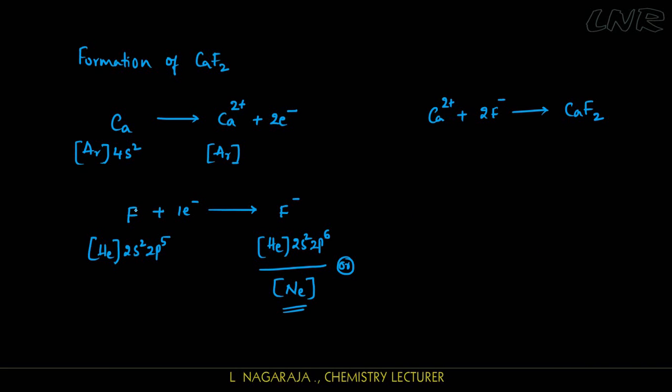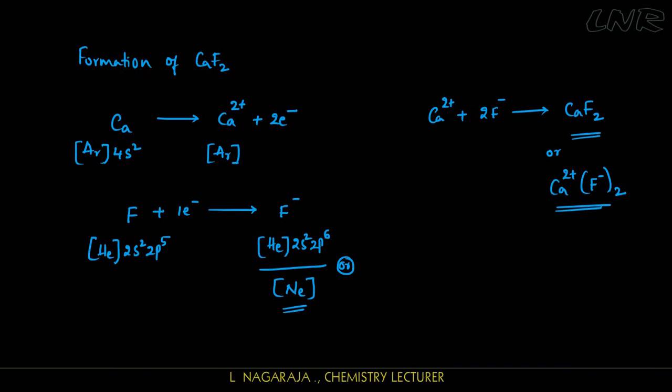One F gains 1 electron, so 2 F gain 2 electrons, which are released from the calcium. So it forms a molecule called calcium fluoride, CaF2, or it is also represented as Ca2+ and F-, twice, because it contains 2 fluoride ions.